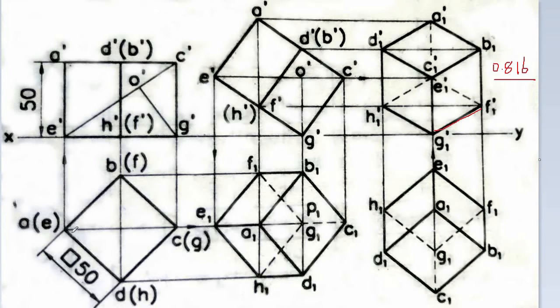That means, here in this case, the actual length of the cube is 50 mm. So the apparent length here, that is G1 dash F1 dash, is 0.816 times 50. That will be the apparent length of G1 dash F1 dash.